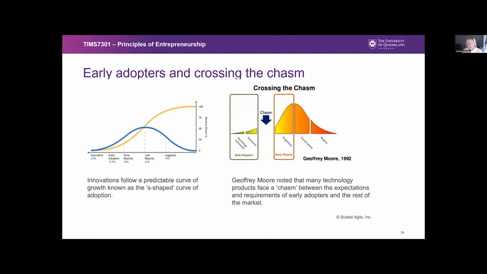But also there's a problem that many entrepreneurs face, which is the chasm between your early adopters, the people who are enthusiastic about your product or service, and then the main core market that will actually adopt your product. And this is something that you need to actually have a strategy for to cover.